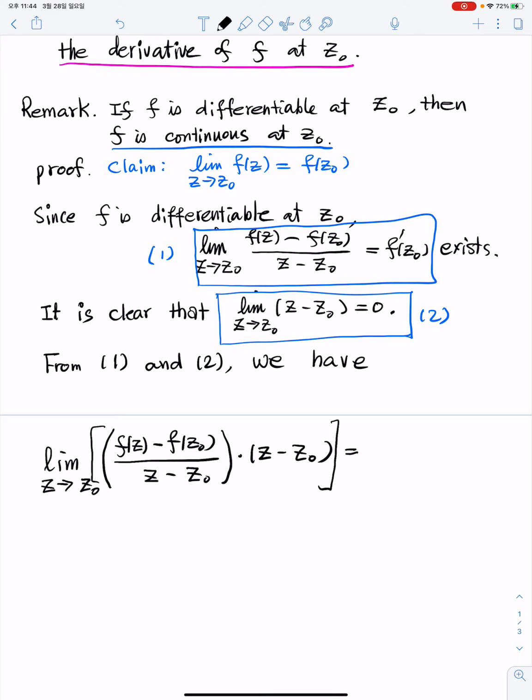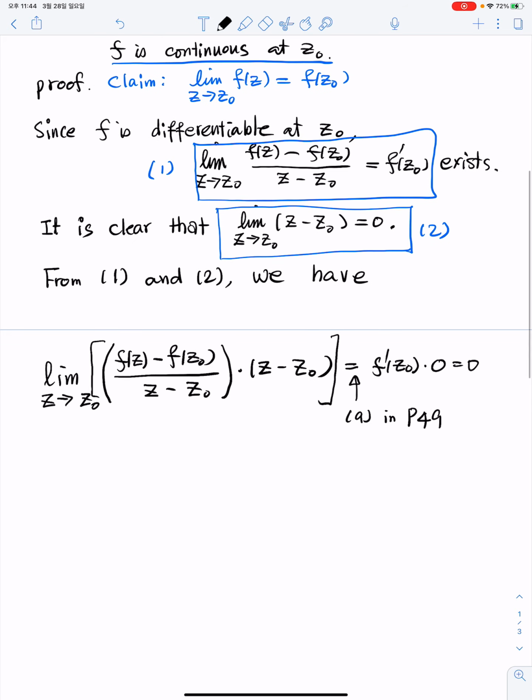So limit a_n exists, limit b_n exists, then the multiplication would be this one, that is f prime of z0 times 0. So that we use property 9, that is property 9 in page 49. So we use that property, so that becomes 0.